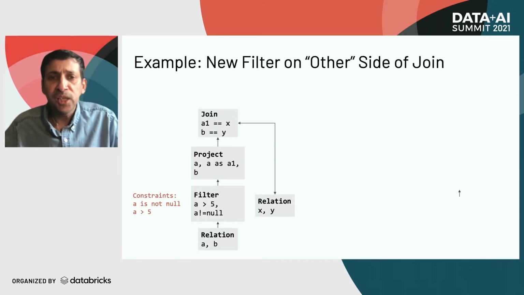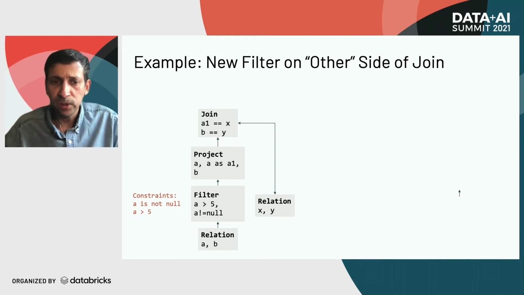Now let's take the example of push down of a new filter on the other side of the join. In this case, as you see, there is a join condition on attribute A1, and this attribute A1 is aliased with A. We find that the constraints have a condition A greater than 5 and A is not null, which means indirectly X is also not null and X greater than 5.